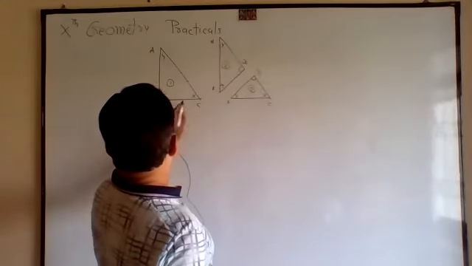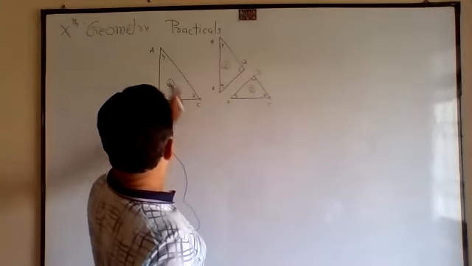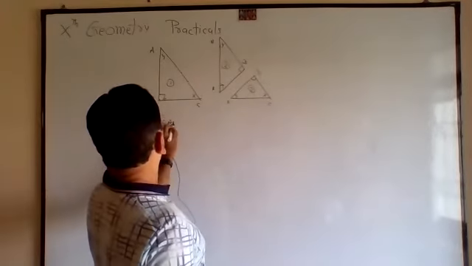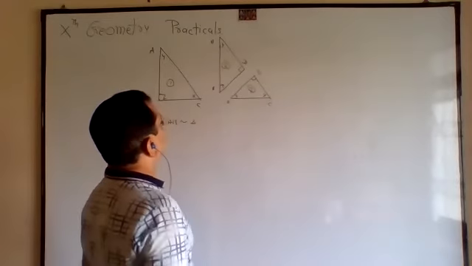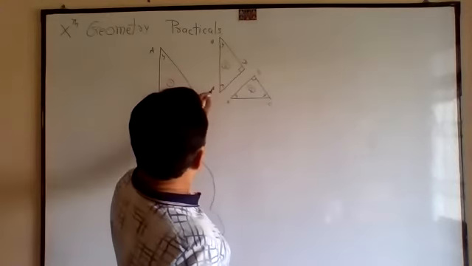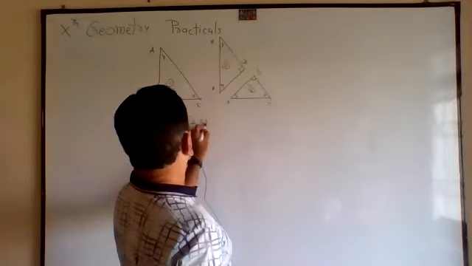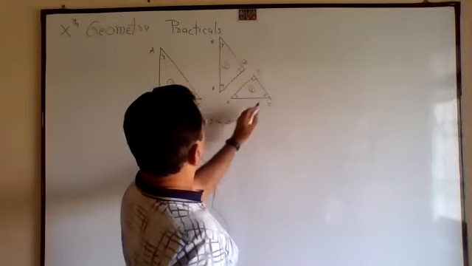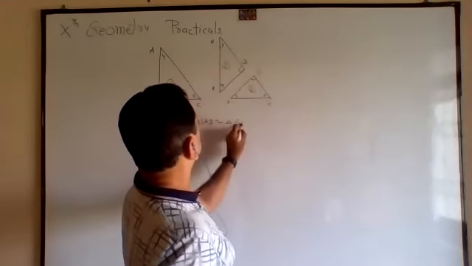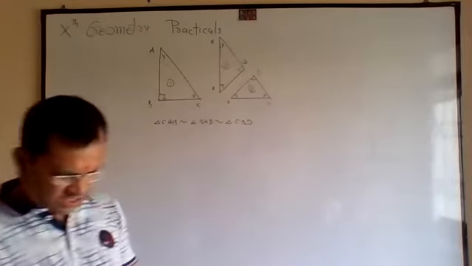So triangle X, Y, Z means what? CAB. Similar triangle X, Y, Z, BAD. X, Y, Z, CBD are similar to each other.